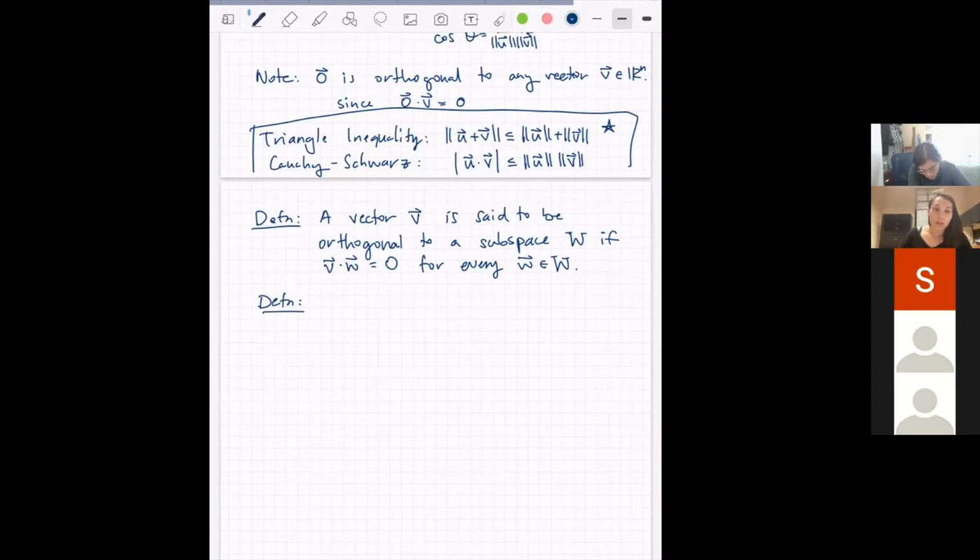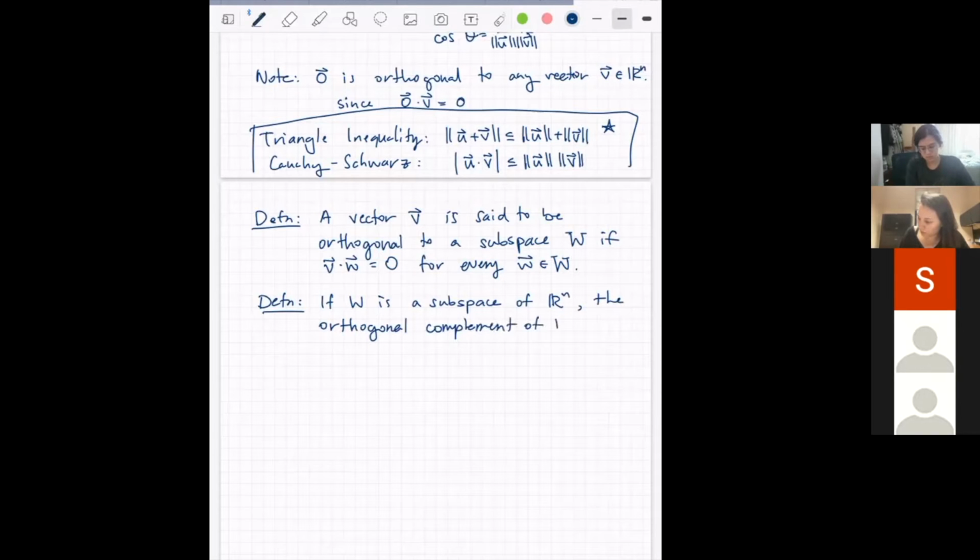what we will call the orthogonal complement. So if W is a subspace of Rn, the orthogonal complement of W is going to be the set.